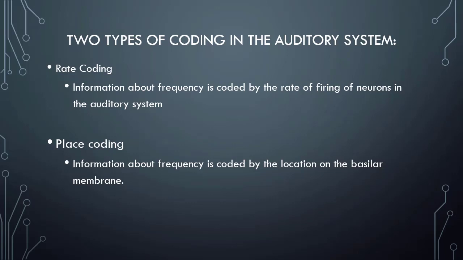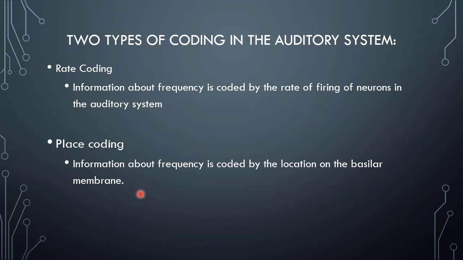So this brings us to something really important that we need to talk about in the way that the auditory system functions. And this sometimes takes people a couple of passes to get. So there are two types of coding that can happen within the auditory system. The first of these is place coding. And so I'm going to start with this and go backwards first, because I mentioned it a second ago.